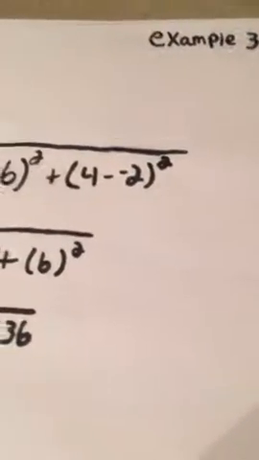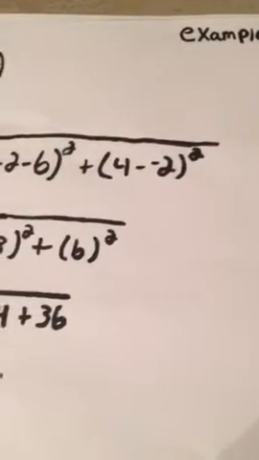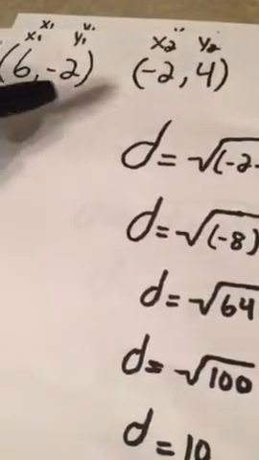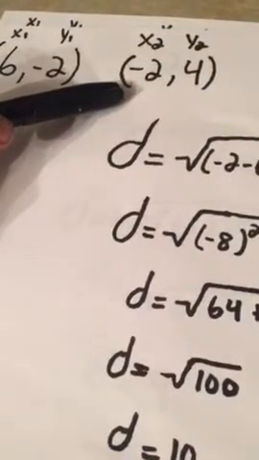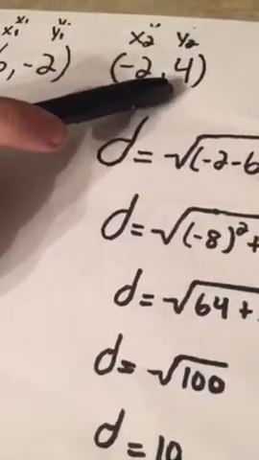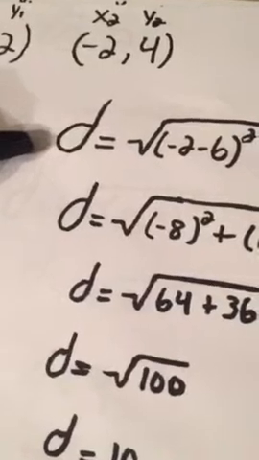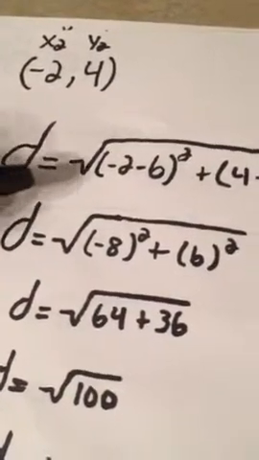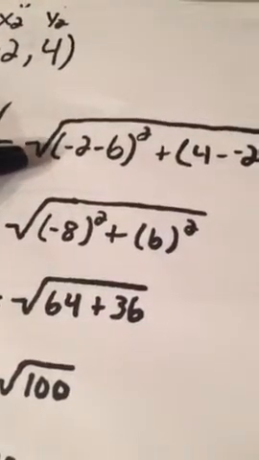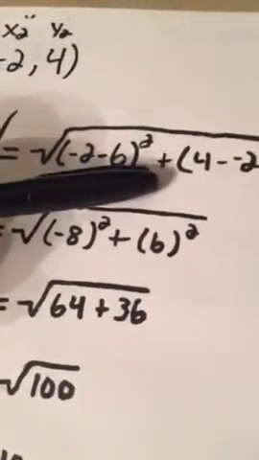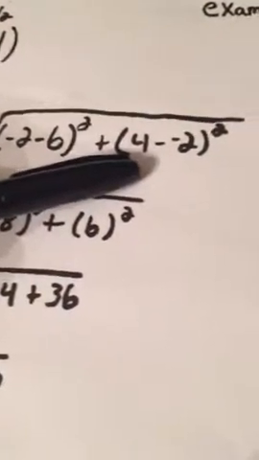In example 3, x1 equals 6, y1 equals negative 2, x2 equals negative 2, and y2 equals 4. If you plug those into the formula, d would equal the square root of (negative 2 minus 6) squared plus (4 minus negative 2) squared.